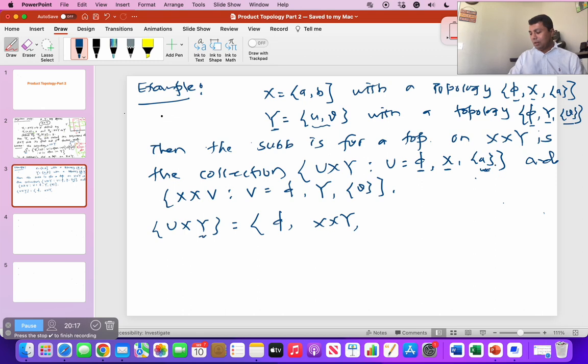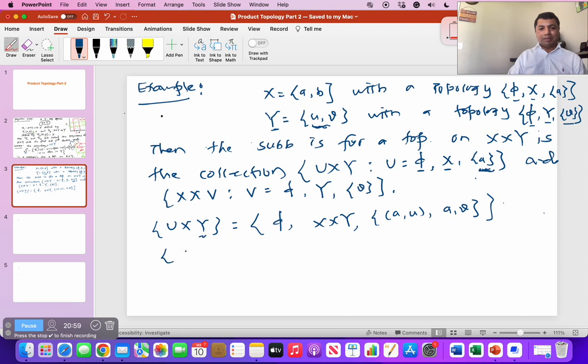So here what you do is you take the Cartesian product of this set {A} with Y, which is the set of ordered pairs (A, A) and (A, B). So you take the ordered pair of this one with A and this one with B. That's my first collection.